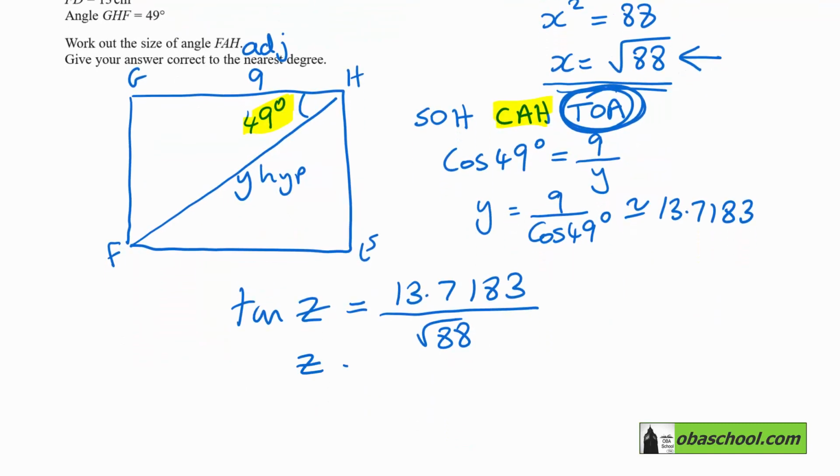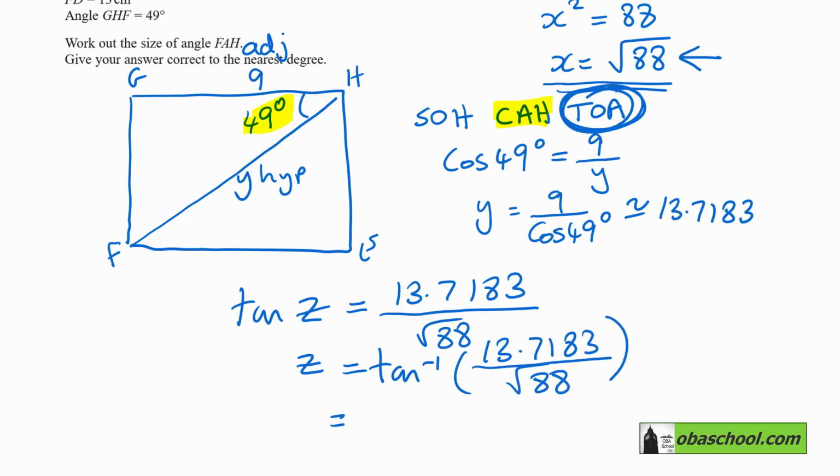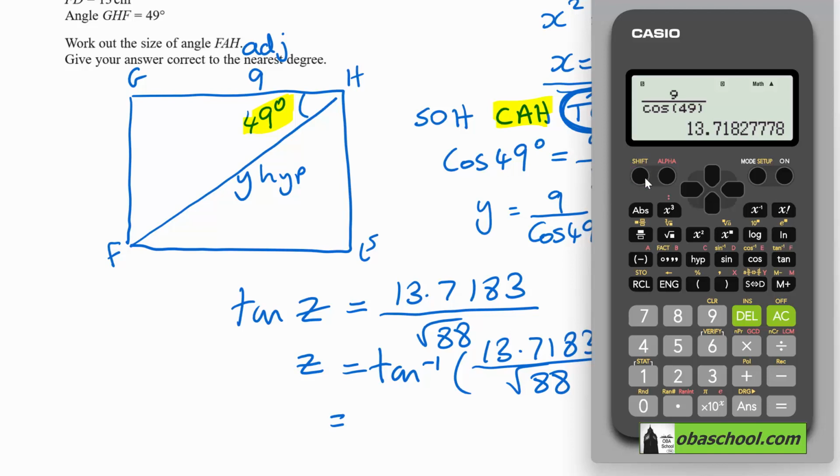So Z is going to be the inverse tangent of that, 13.7183 divided by the square root of 88. And we just want this answer to the nearest degree. So we have shift tan, inverse tangent, and then I've got 13.7183.